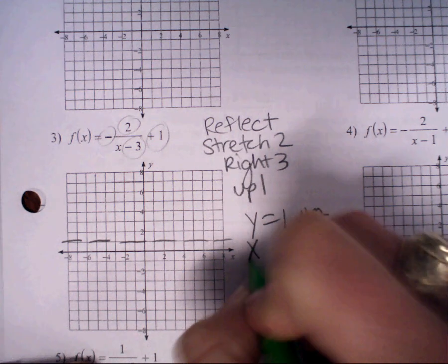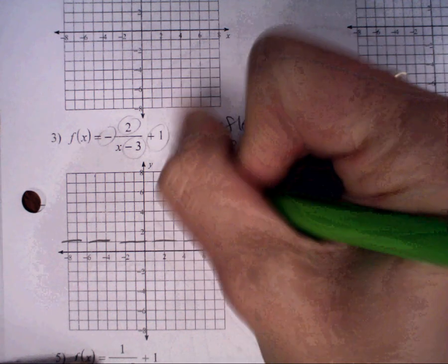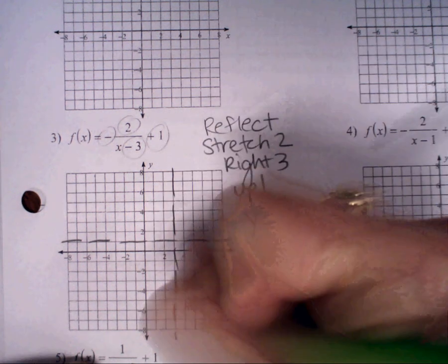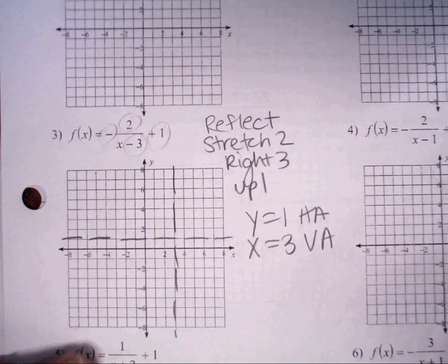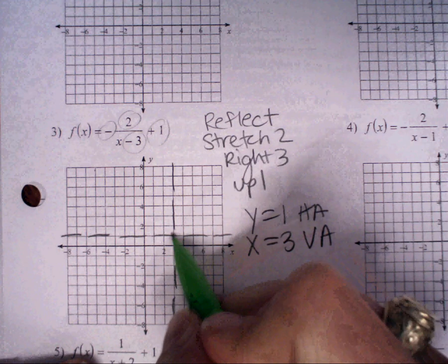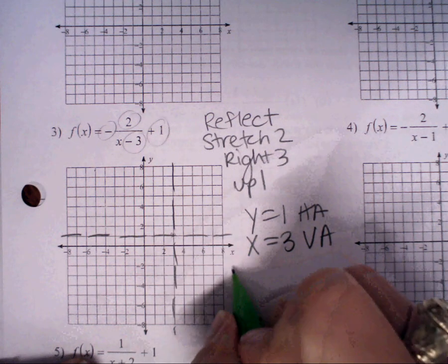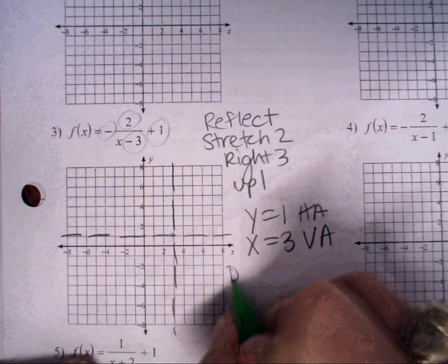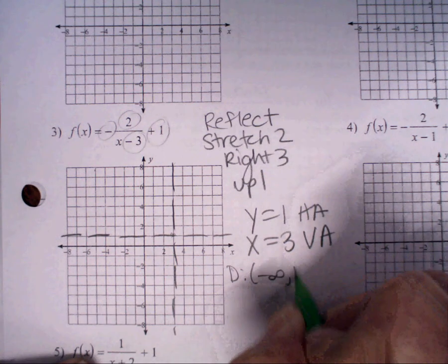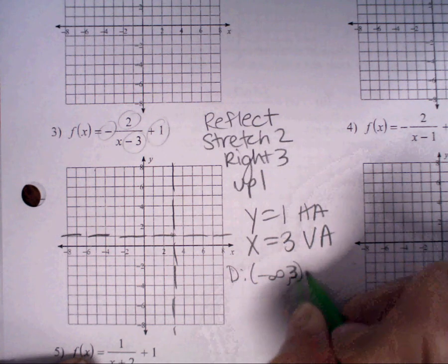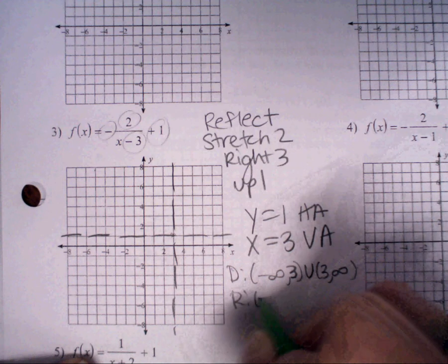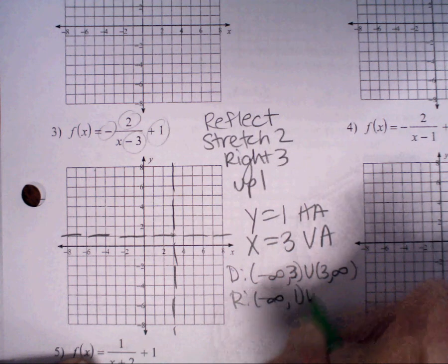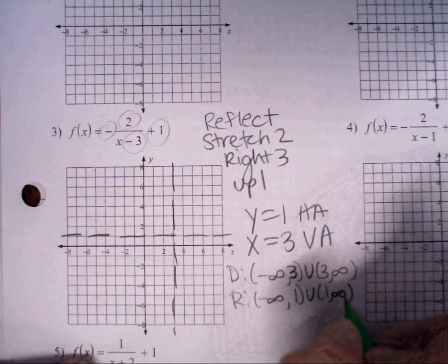My x equals 3, because it went right 3. So this is considered my new origin. I could actually go ahead and state the domain, negative infinity to 3, 3 to infinity. Range is negative infinity to 1, 1 to infinity.